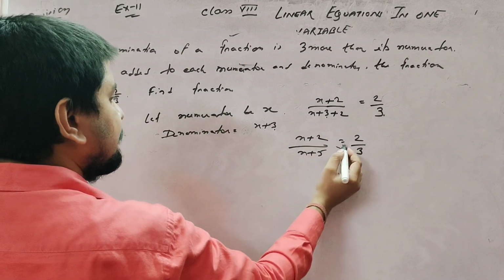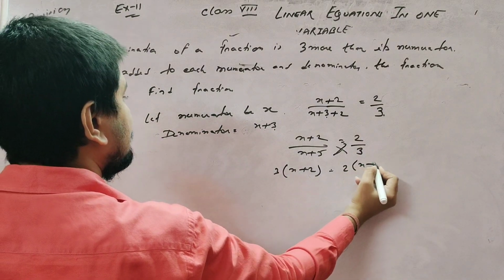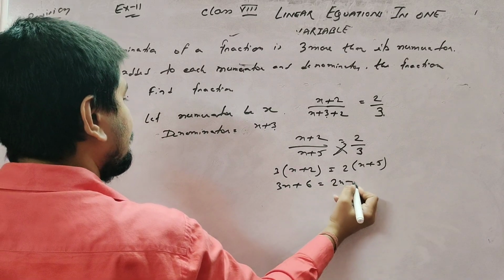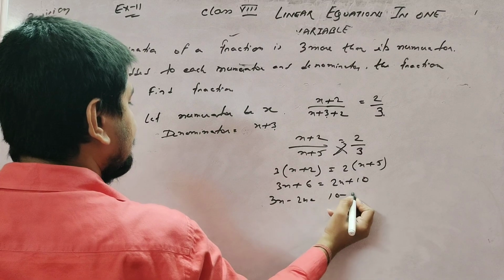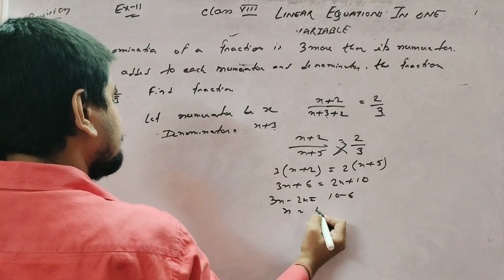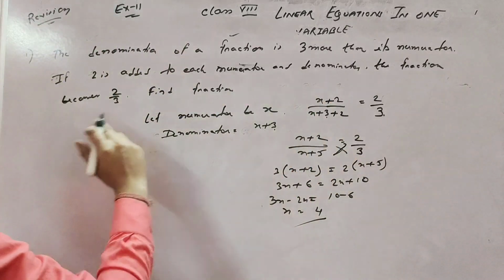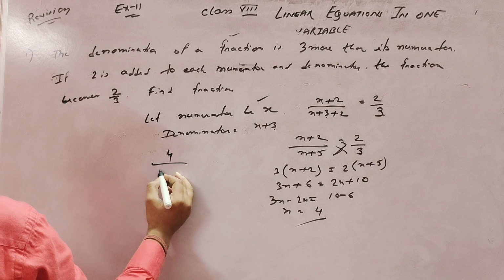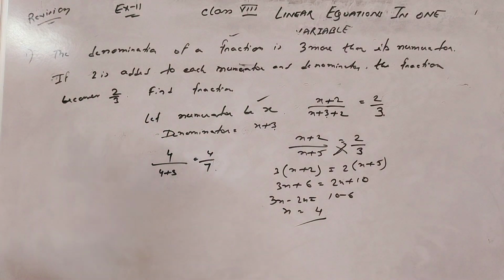When you cross multiply, that means 3 multiplied by x plus 2 and 2 multiplied by x plus 5. So 3x plus 6 equals 2x plus 10. So 3x minus 2x, 10 minus 6, x equals 4. So the numerator is 4 and the denominator is 4 plus 3, that is 4 by 7. Okay, note.